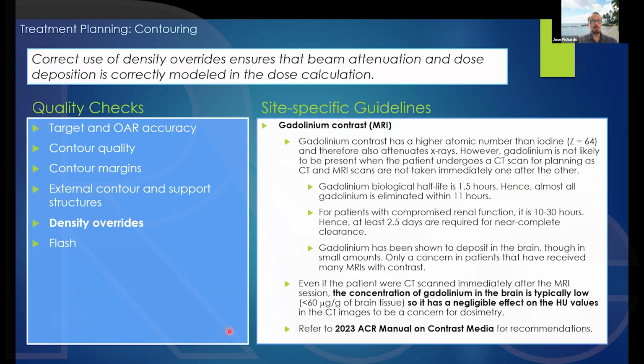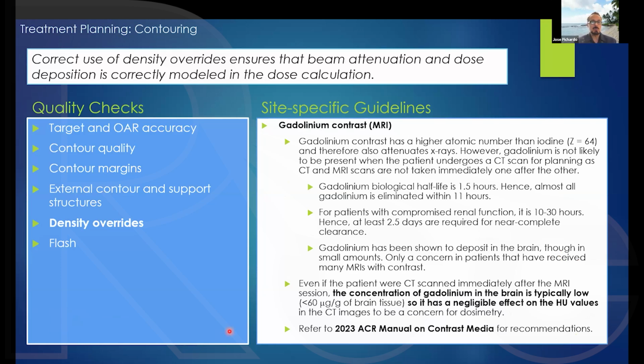All right, the other type of contrast to consider is gadolinium contrast, which is the one that we use in MRI, right? Gadolinium contrast actually has a higher atomic number than iodine. It's actually 64, right? So it also attenuates X-rays. Now, do we have to worry about gadolinium when we're doing the CT of the patient? I mean, typically the CT and the MRI are not done on the same day, right?